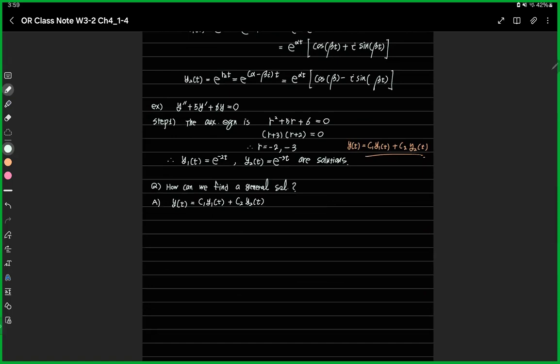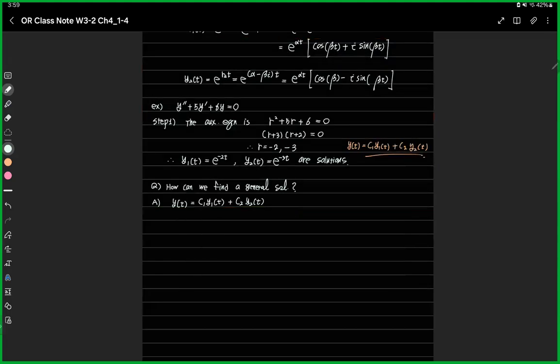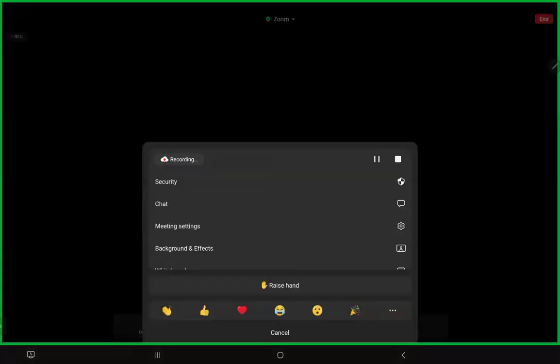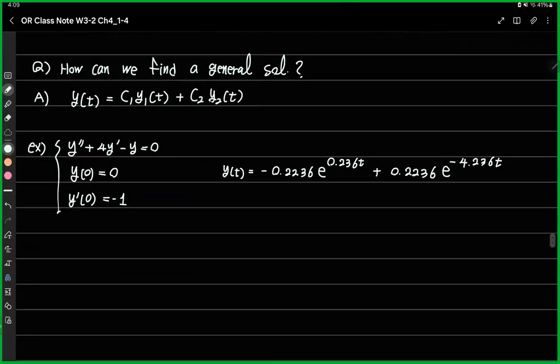The next one, let's see. All right, so we see example integral problems.